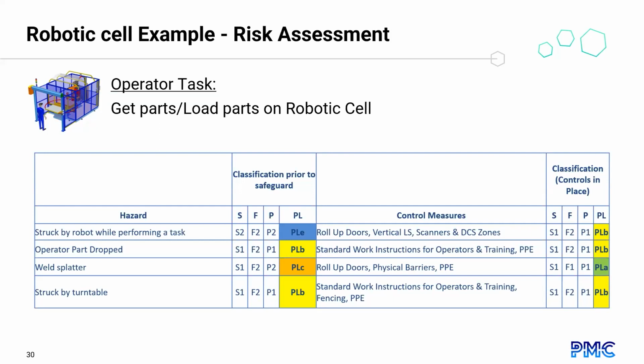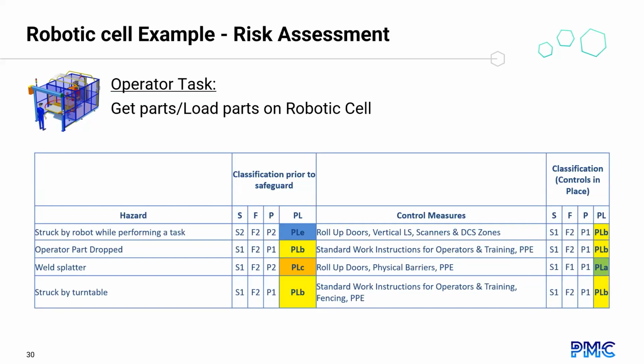He's no longer directly exposed to this hazard. So we have the possibility of avoiding P1. And the combination of these three factors brings us the PLA performance level. It means that we move it from a medium risk for the operator to an insignificant risk for the operator.